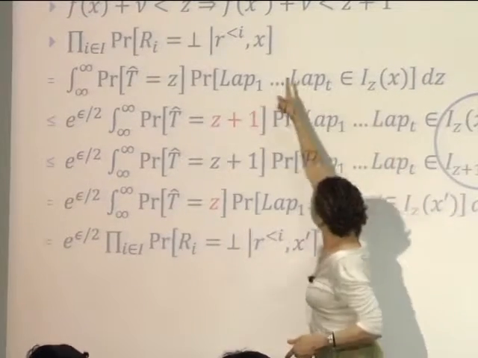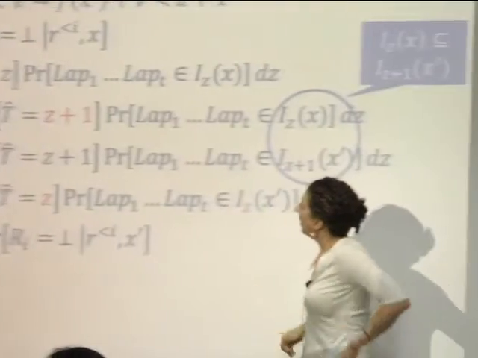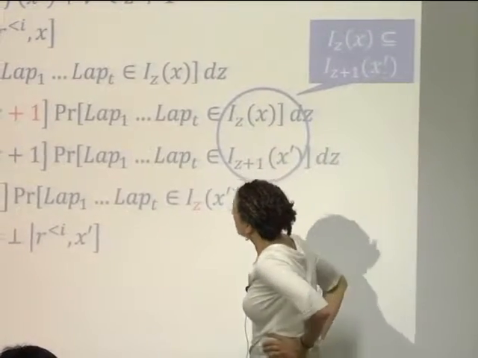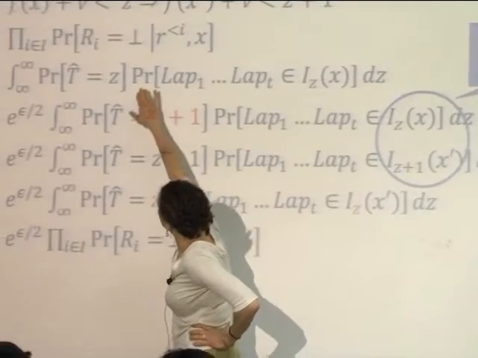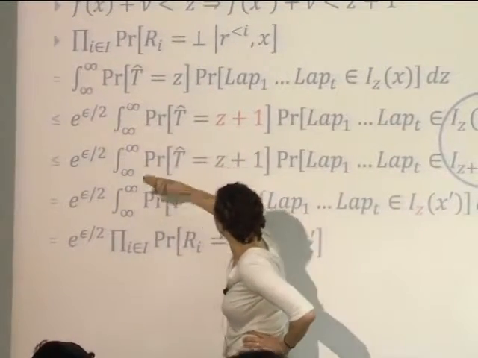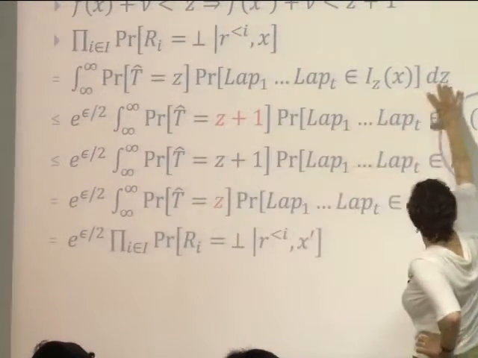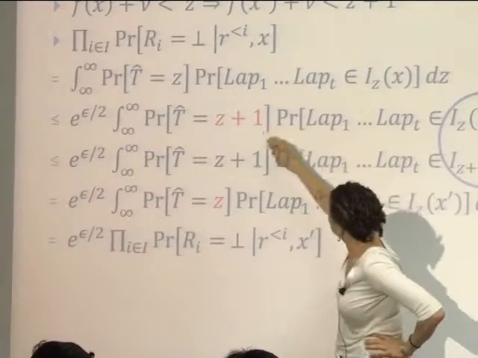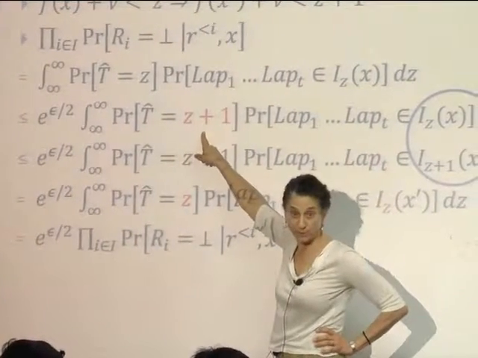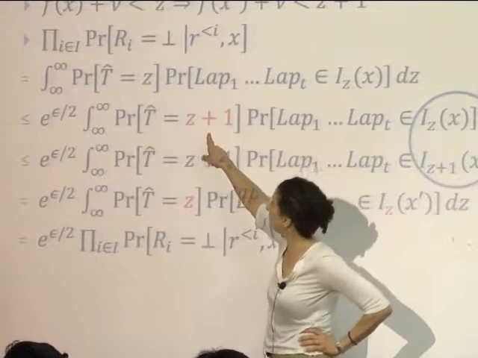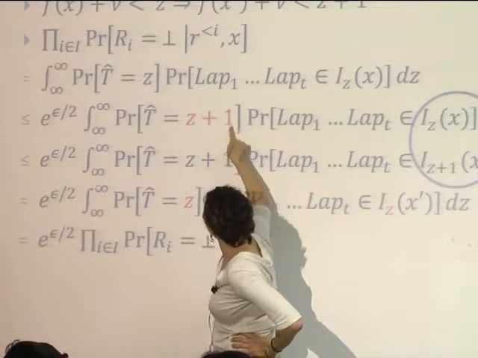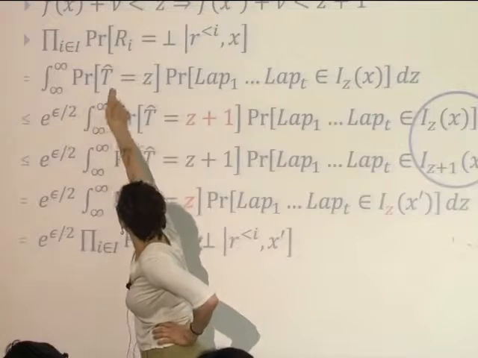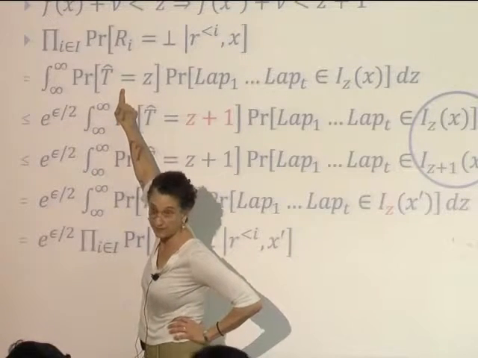Okay, so that's exactly that. All right, well, this is going to be at most e to the epsilon over 2 times exactly the same stuff conditioned on t hat being z plus 1. Because the probability of t hat being z plus 1 is at most e to the epsilon over 2 times the probability of t hat being z.